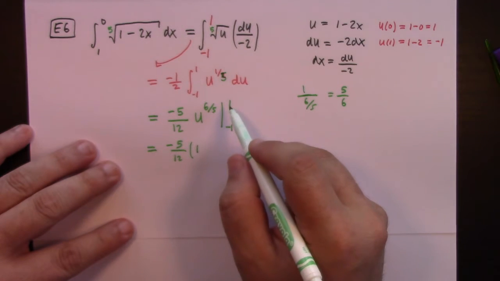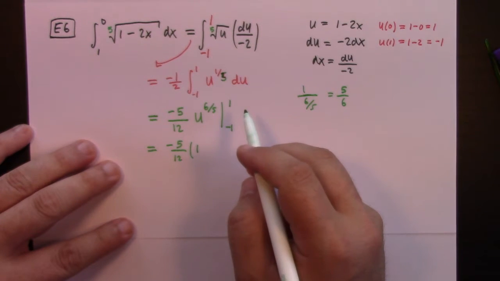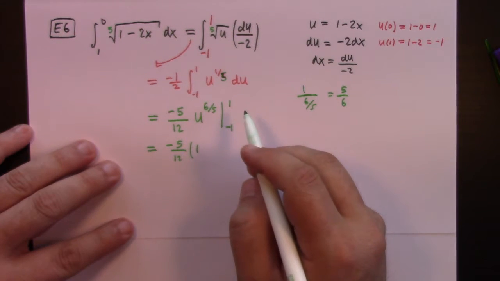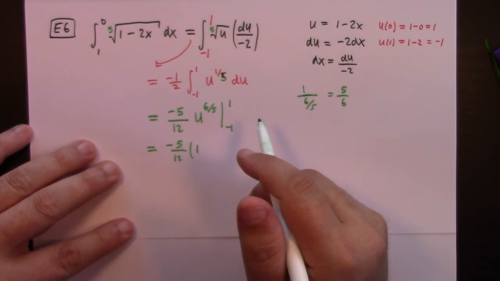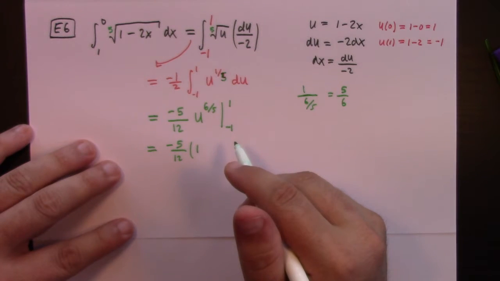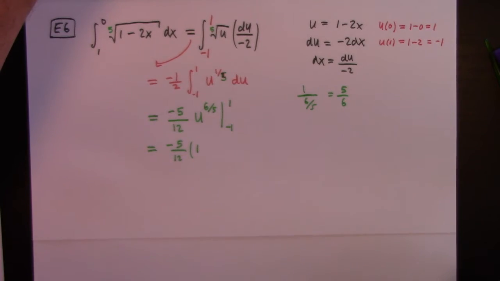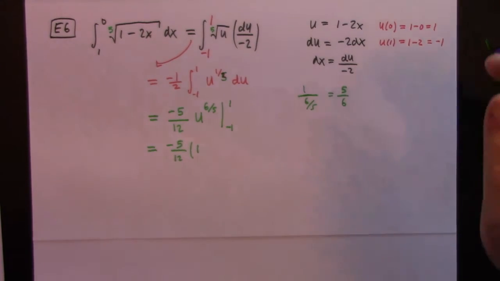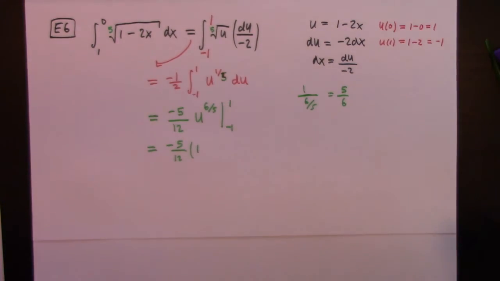And what? Oh. Well. Did I actually copy that down, right? Looks like I'm getting 0. Yeah, it's 5th power. Okay, well.